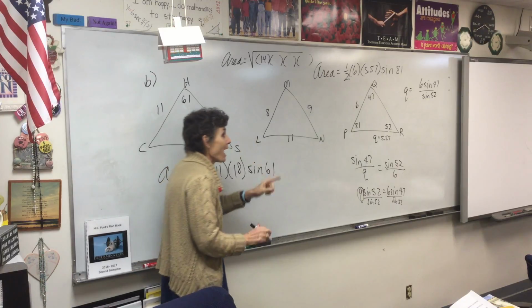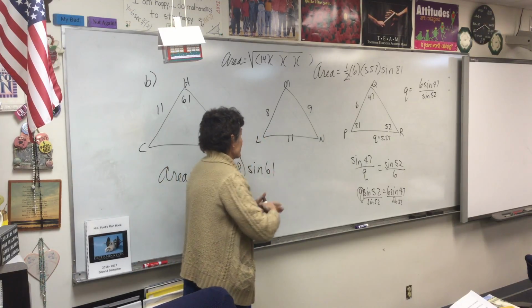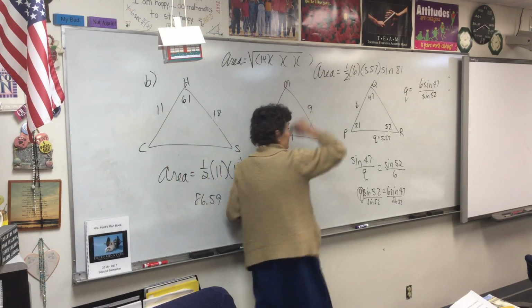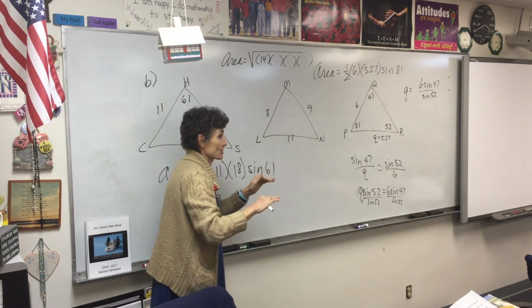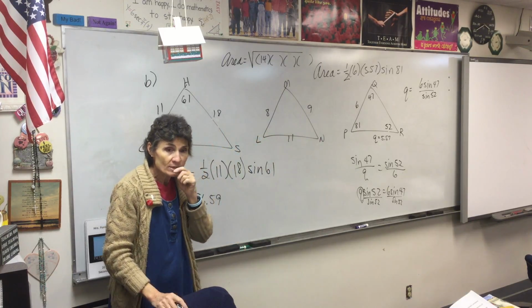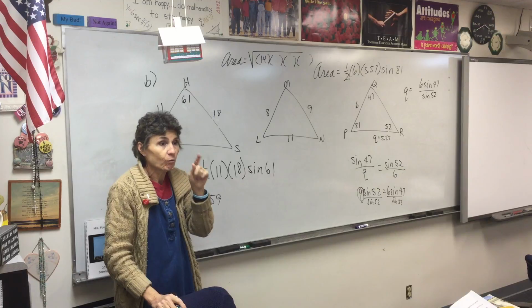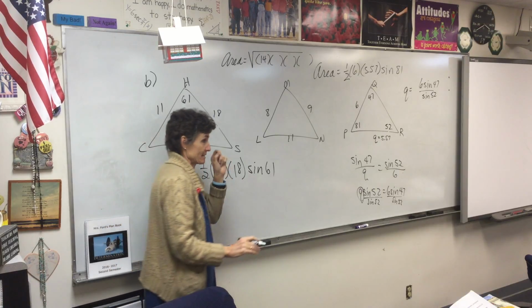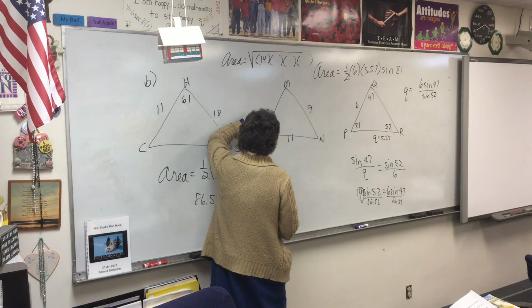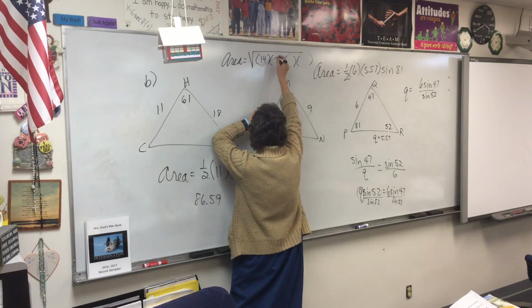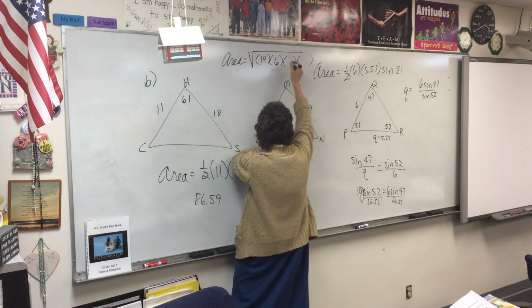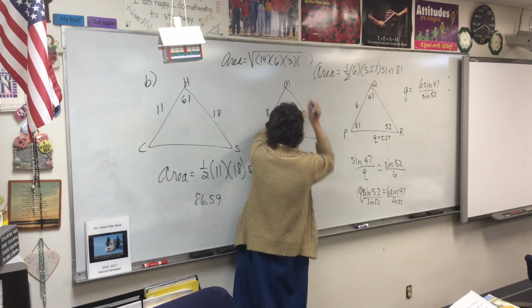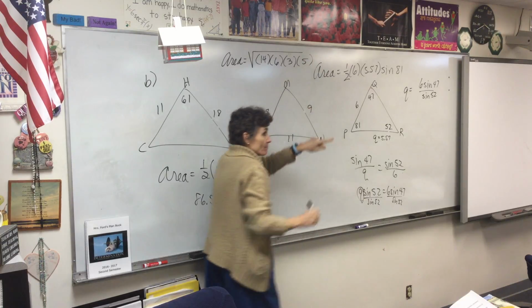Now, do not put 8, 9, and 11. That's not how it works. How do we find those numbers under there? It's 14 minus each of those. So 14 minus 8, 14 minus 11, 14 minus 9.